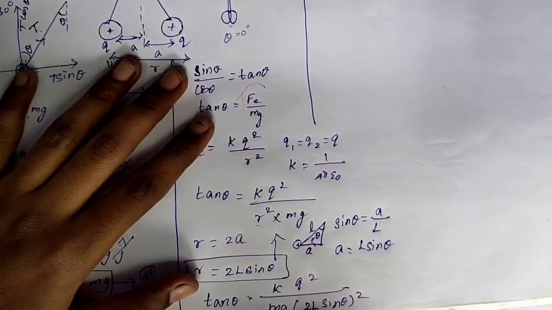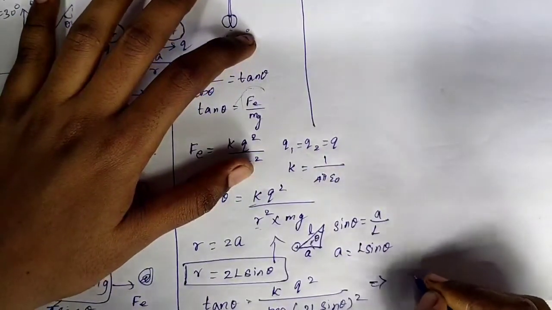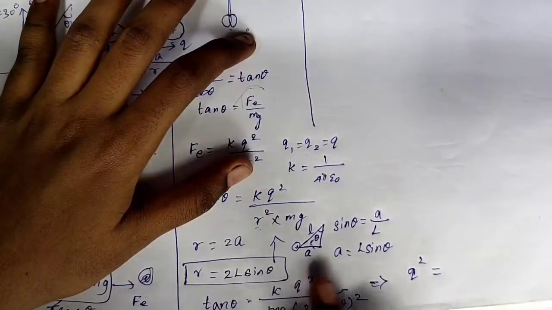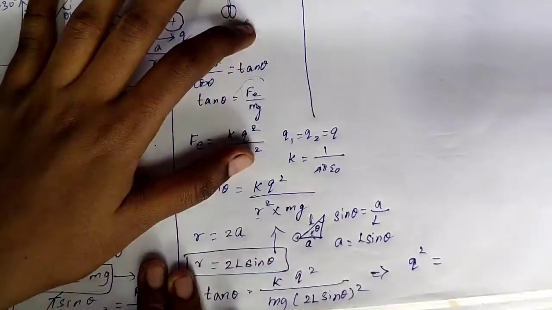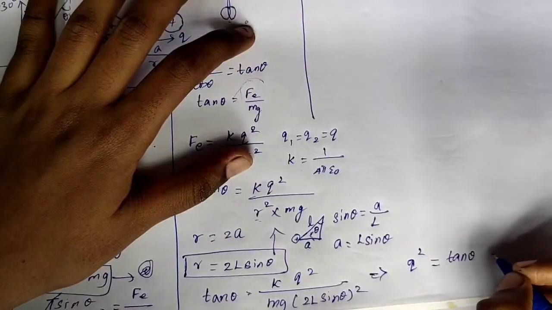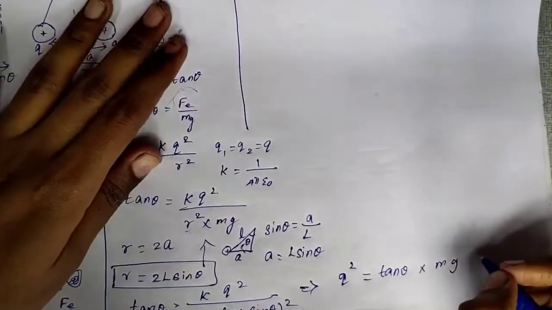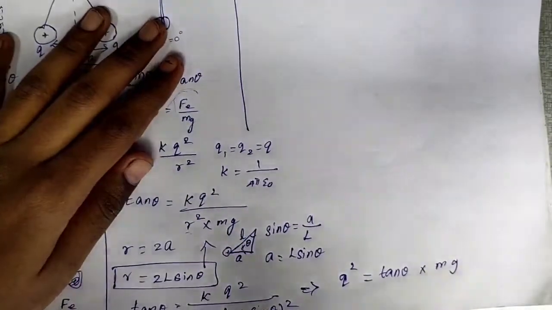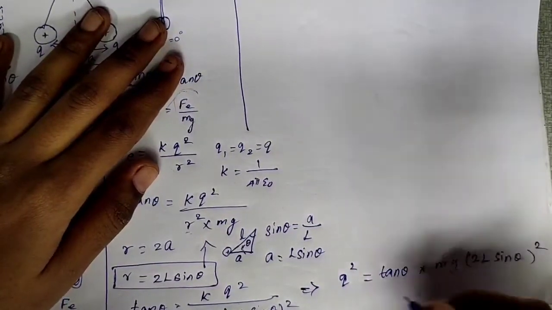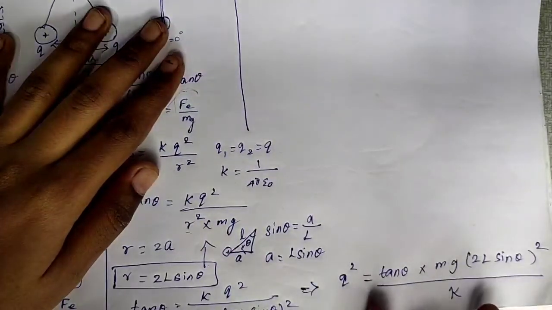Consider this equation. In this equation I write q squared is equal to, taking q squared only on this side, other terms come to the other side. So we have tan theta into mg, into 2L sin theta whole squared, by K. So this is our Q square.